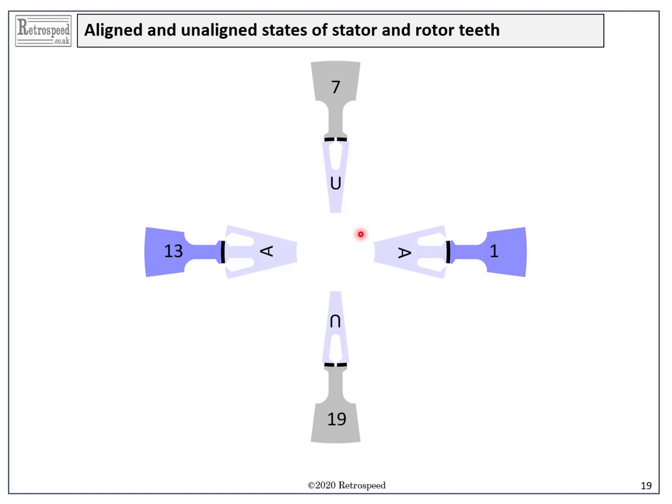In the unaligned case, the permeance is a minimum, and the stator tooth lies midway between two rotor teeth. The result is what is called a detent torque, if we borrow a term from the stepper motor.